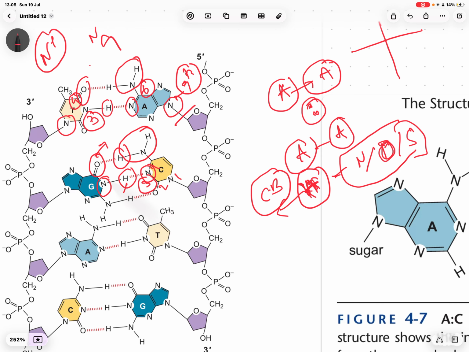So this hydrogen atom and the nitrogen present on this purine ring form the hydrogen bond. Similarly, we can see here the second atom has the amino group, and the fourth atom has the oxo group.